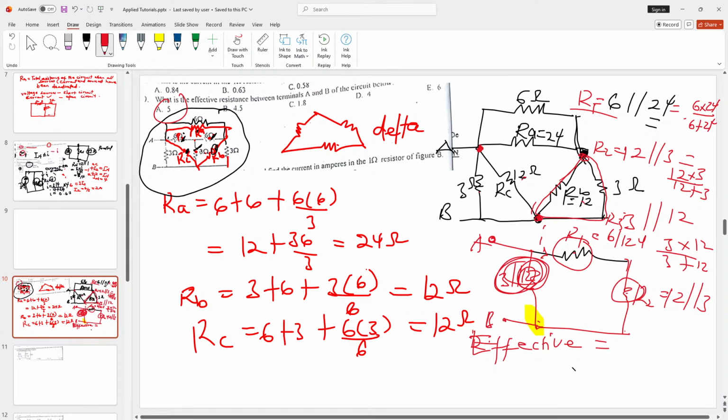So if I convert one into star, won't I get a series and parallel connection? It depends. Okay, so you can try it. If after converting one to star, you realize that you still can't add them up, that means you would have to consider transforming the other one also into star. You see, after I'd used the delta, everything became straightforward. I had this and this in parallel, straightforward. This and this also in parallel, straightforward.